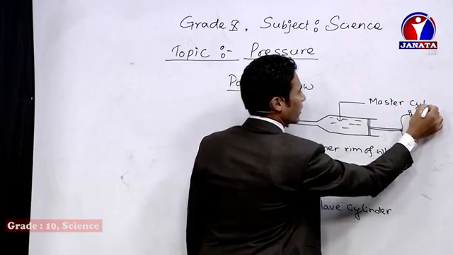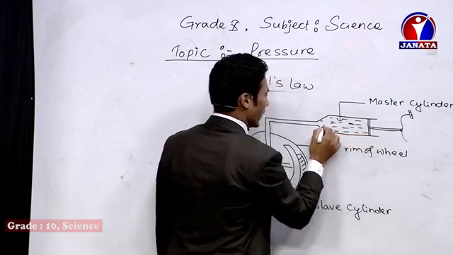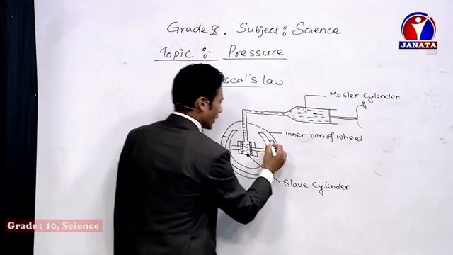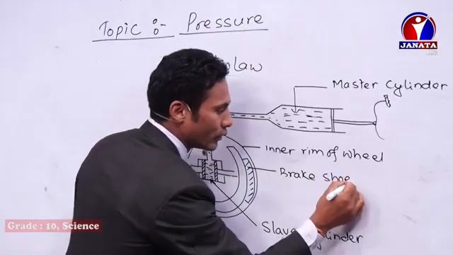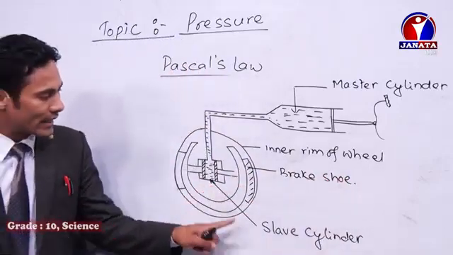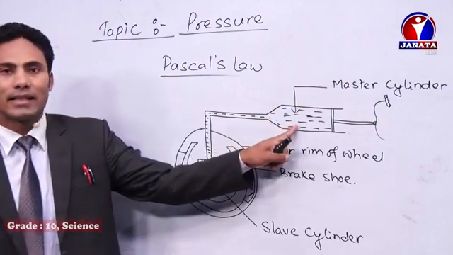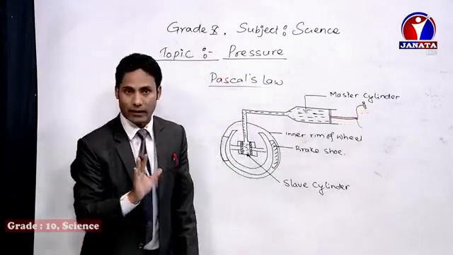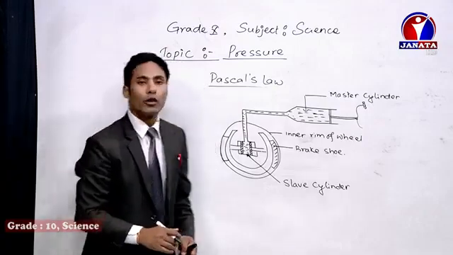The liquid is filled here. This one is called the brake shoe. So this is the brake shoe, this is the slave cylinder, this is the inner rim of the wheel, and this is the master cylinder. This portion you have seen is called the pedal, where the brake is applied, right? So let's see how it works.